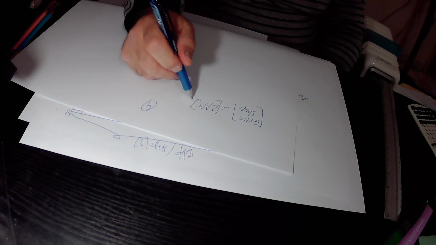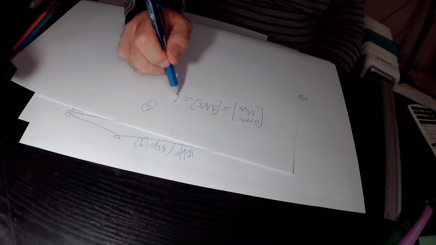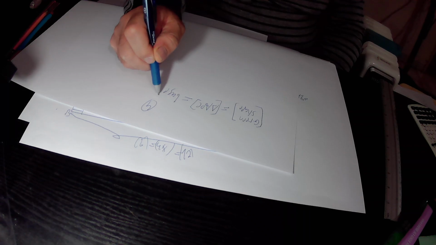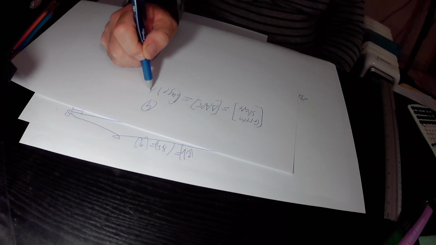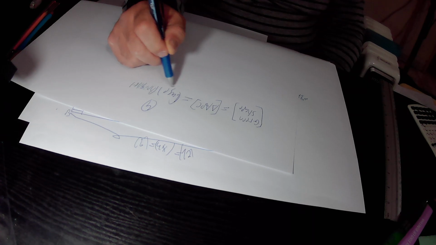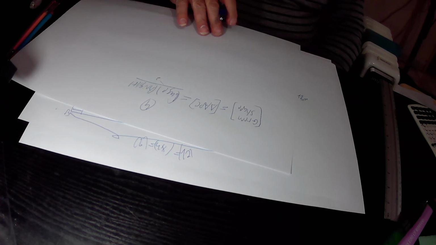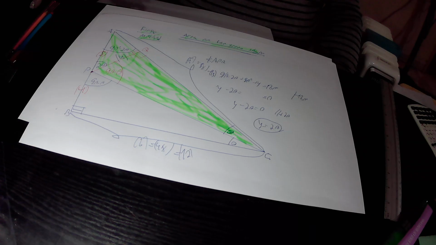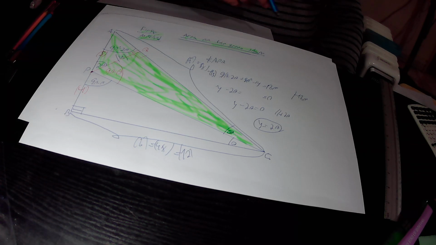Actually, we know that the area of any triangle equals the base of the triangle times the height to the base over 2. Therefore, the area of this main triangle must be equal to the base.